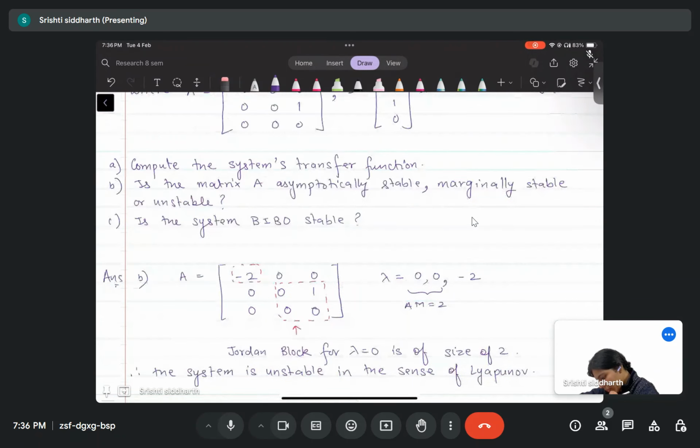Now, to comment on whether the system is BIBO stable or not, we first have to compute the transfer function.